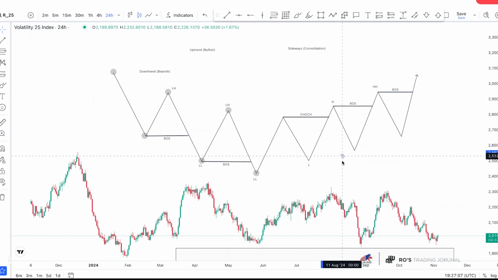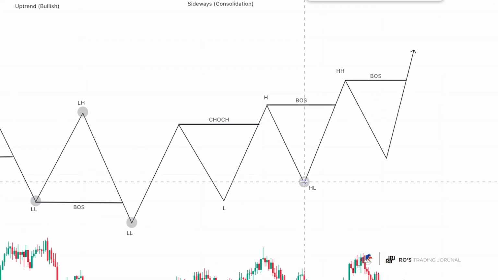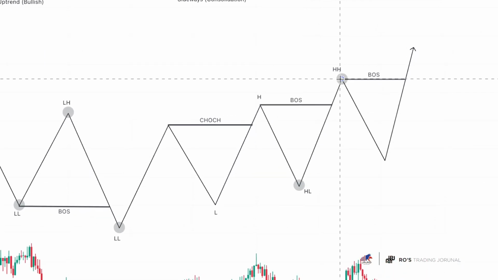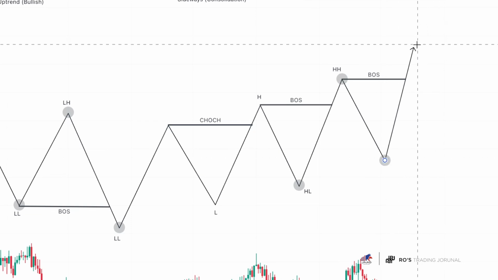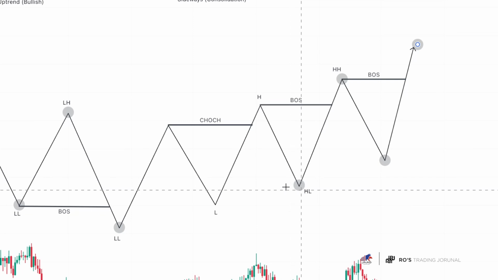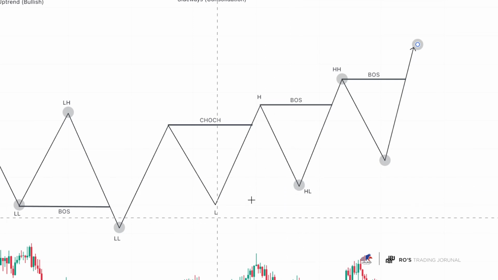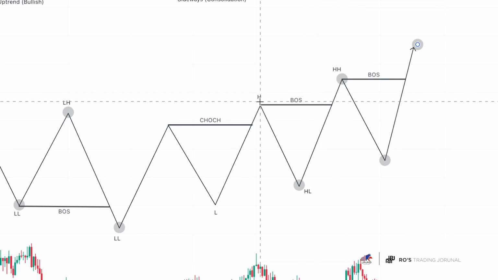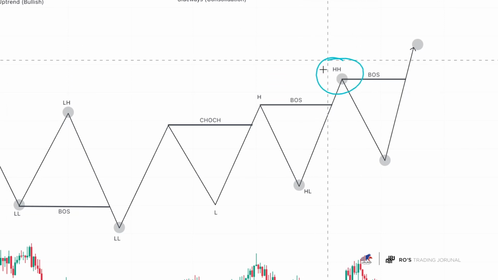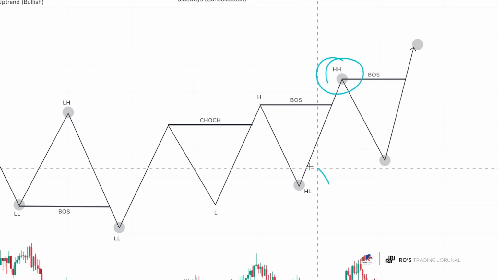Then this is going to become your higher low, then your higher high, then you're going to have your higher low, and then your higher high, right? This becomes your higher low because it is higher than your previous low. This becomes your higher high because it is higher than your previous high.